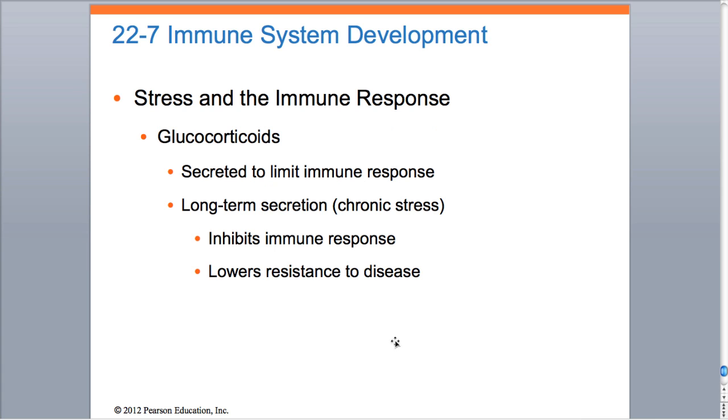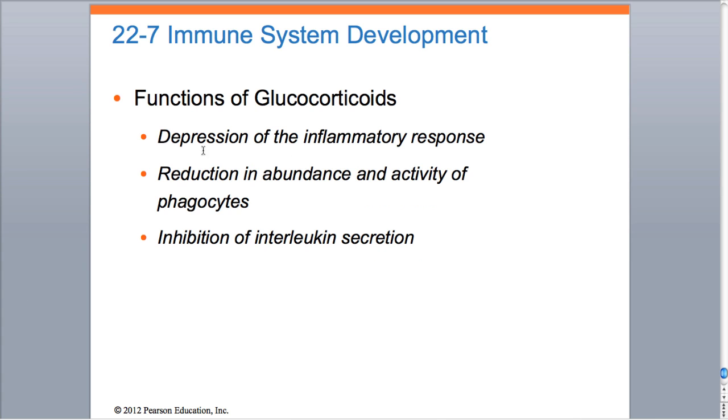Okay, stress and immune. Now, this was already discussed in chapter 18. So we saw this in chapter 18 with glucocorticoids. So we saw this again. So, are you telling me that chapter 18 on hormones is related to the immune system? You bet.